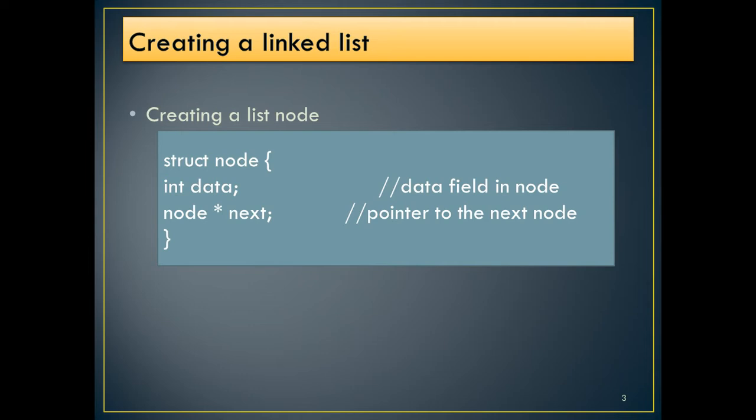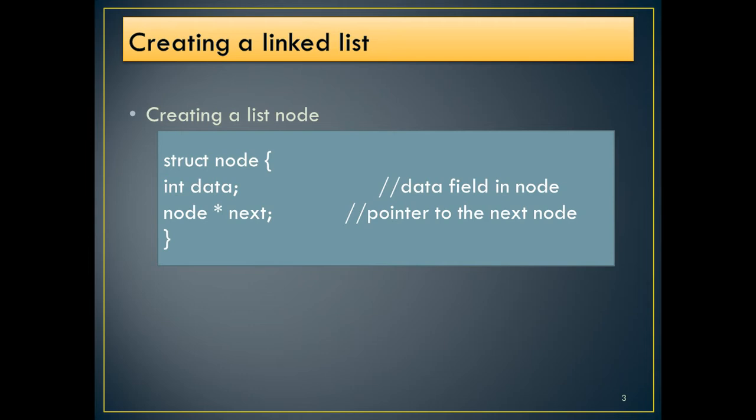For creation of the linked list we require a node, and that node contains a structure, that is struct node. The node has the structure data type, and in that we can declare two fields. First one is a data field for that node, and the second one is a next field, that is a pointer to the next node.